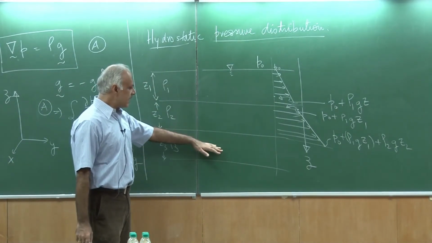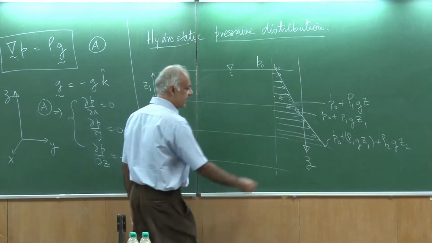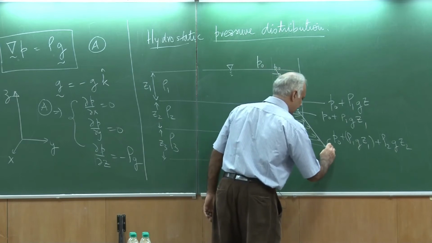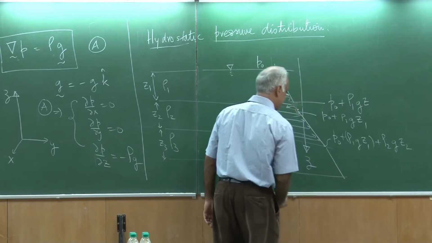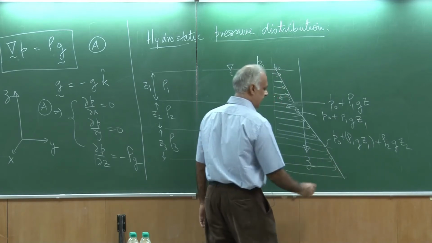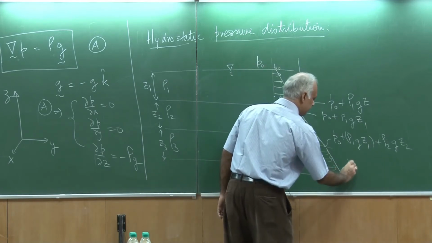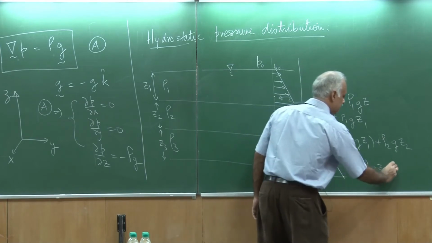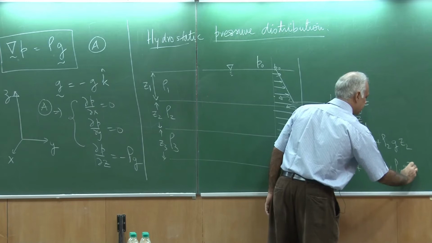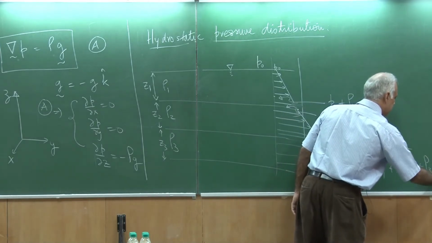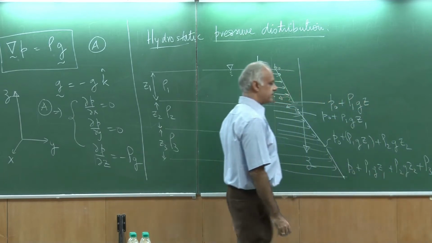When I go to this layer over here, then I would have to integrate starting from the value over here, and of course I could draw another linear variation. So, this would be the pressure here, and this value at the end would be P naught plus rho 1 g z1 plus rho 2 g z2 plus rho 3 g z3.